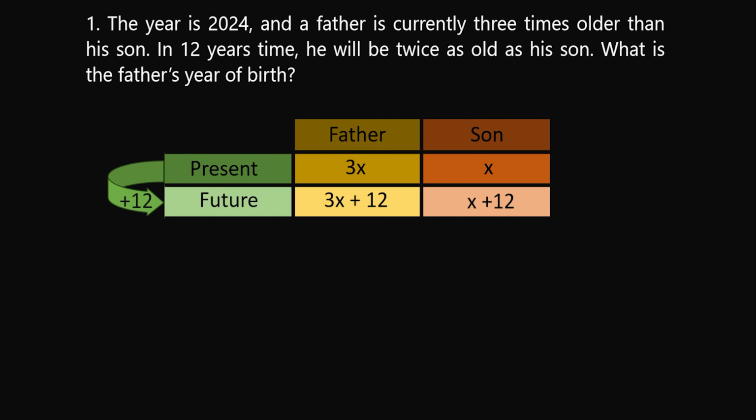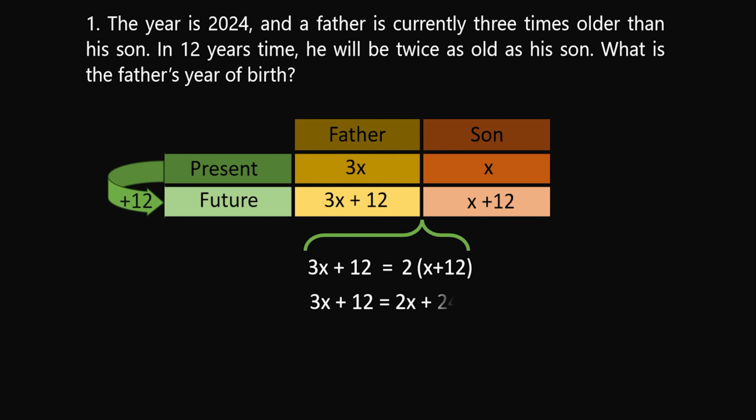Now, our assignment says that in 12 years' time, so in the future, father will be twice as old as his son. So we can say that father's age will be equal to 2 times the son's age. We can switch the values from the table, and we can say that father's age is equal to 3x plus 12, and son's age is equal to x plus 12. Now we only have to work this out.